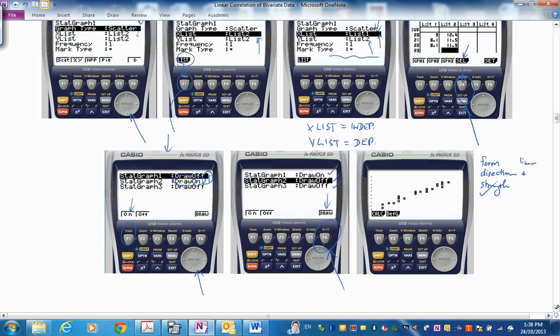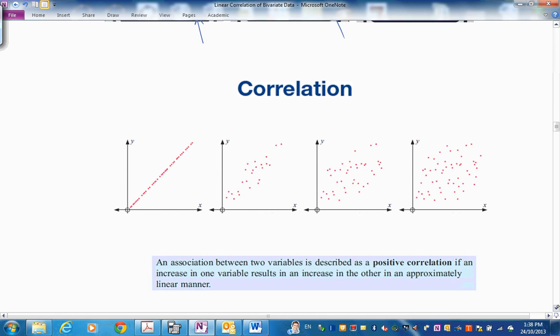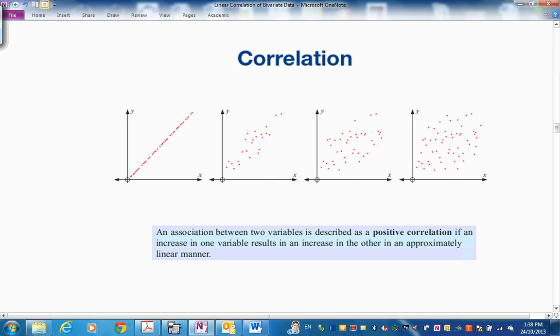Okay, let's go down and have a look at this idea: correlation. This is what we're trying to do. How much association is there, how related together are they? Well, let's have a look over here. How well does this fit a linear correlation? Oh, pretty good. It's a straight line, it's perfect. What about this one?